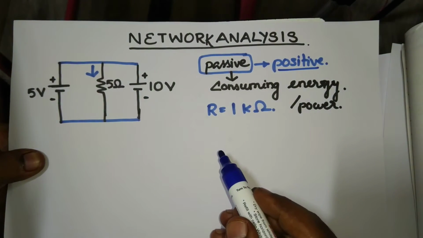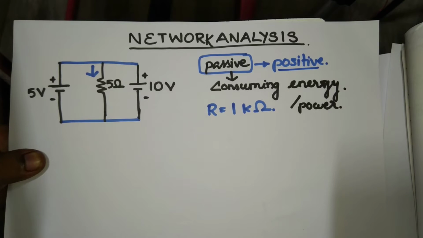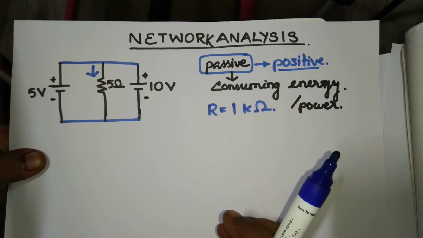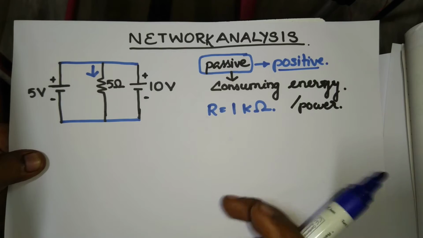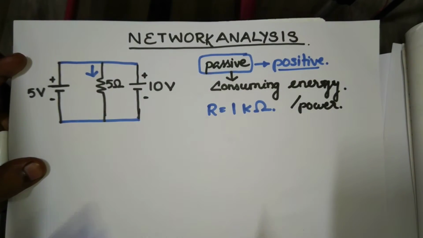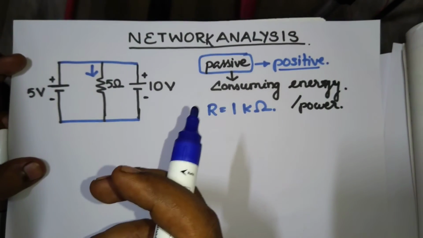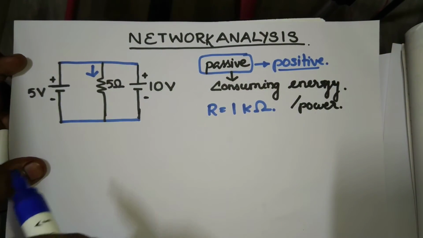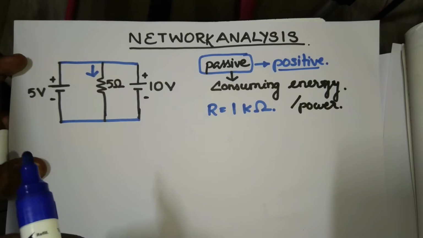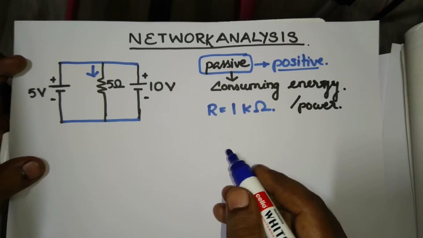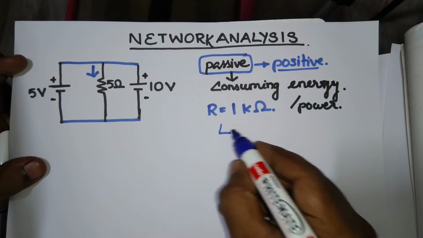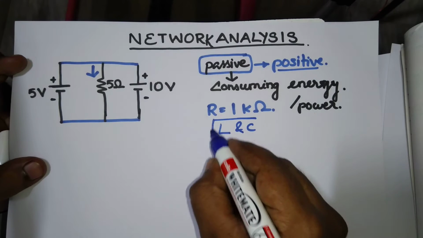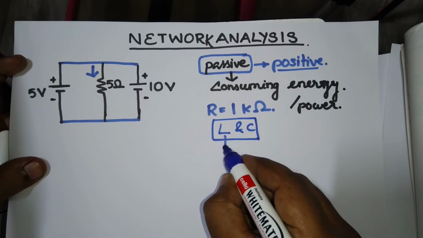That means these components cannot generate energy, they are not the cause behind energy. The meaning of passive is they don't generate any energy, they simply absorb, consume, or dissipate. Unlike the resistor, L and C are also passive elements, and their values will again be positive.